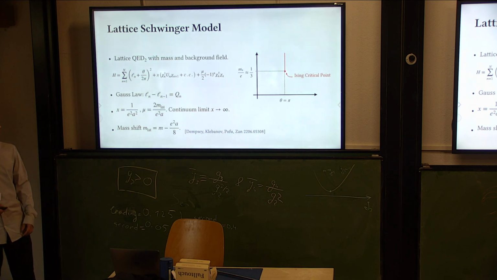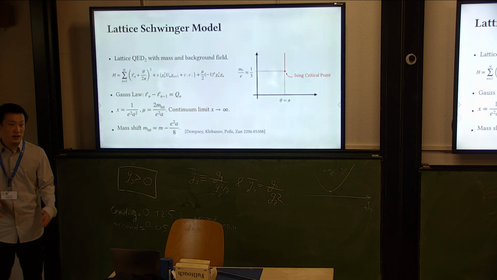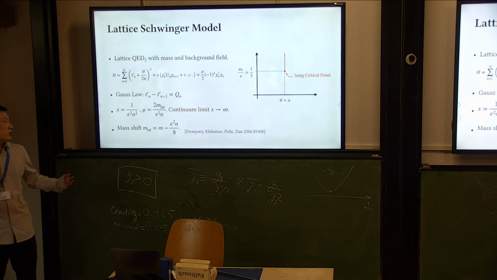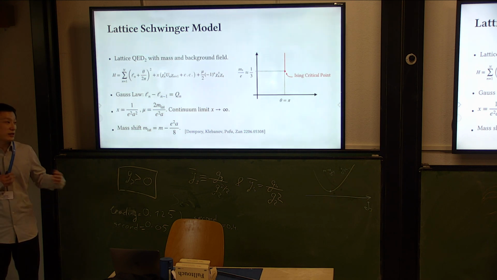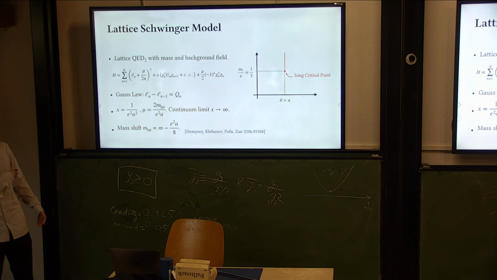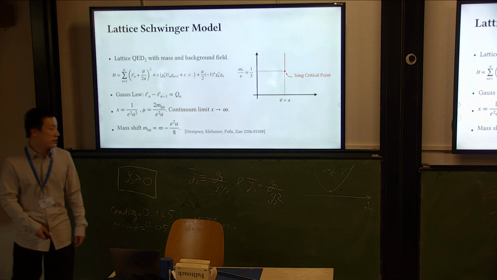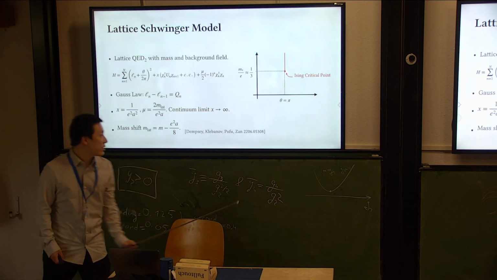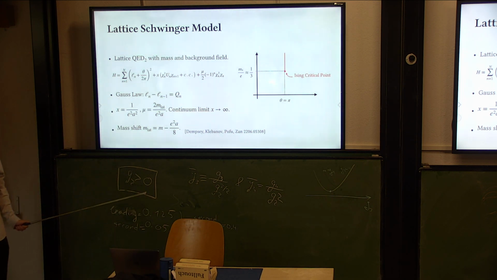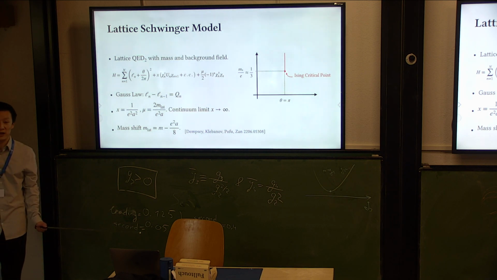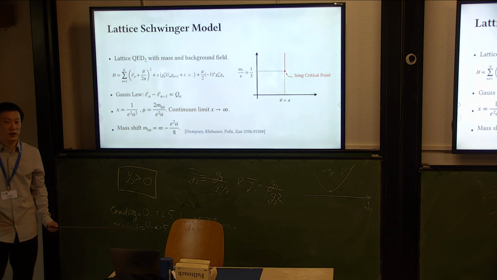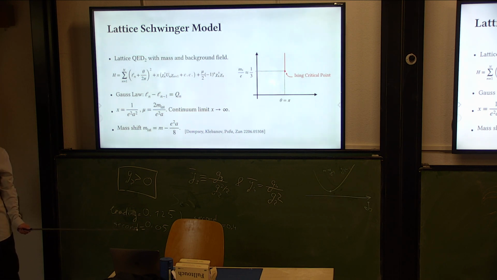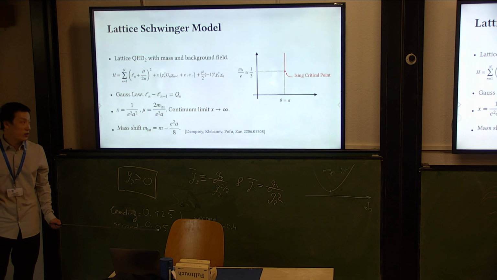Basically we have a Majorana fermion coupled to a U(1) gauge field, and we discretize it and put it on a lattice, and we have this Hamiltonian written here. Gauss's law fixes all of the gauge degrees of freedom, so we're just computing this Hamiltonian as a spin chain with a long range interaction, which is very controllable.